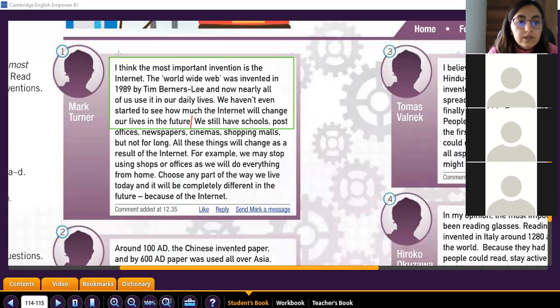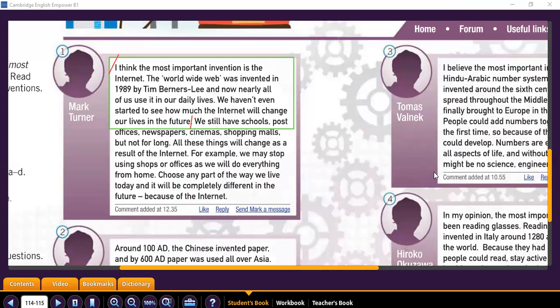So the first person is going to help me reading up to the future, okay? La primera persona me va a ayudar a leer hasta justo la parte que dice the future. Can you help me reading, please, this time, Adrián? Help me reading the first part.